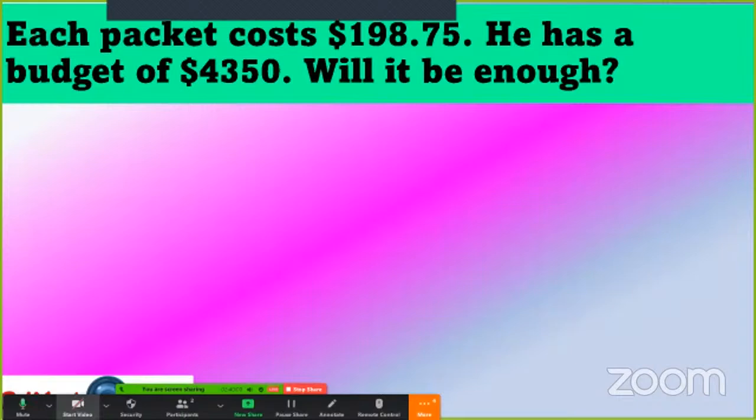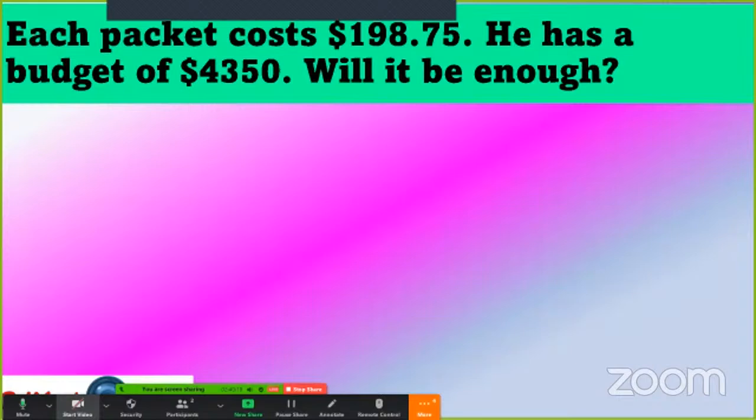So I'm seeing several persons here saying the same thing as you. Mariska is also saying that he has enough money. And what she did, she said 19 packets cost $3,776.25, and he will have $573.75 left. She's definitely agreeing with you. Jasmine is saying that she multiplied $198.75 by 19 and she got that same $3,776.25.